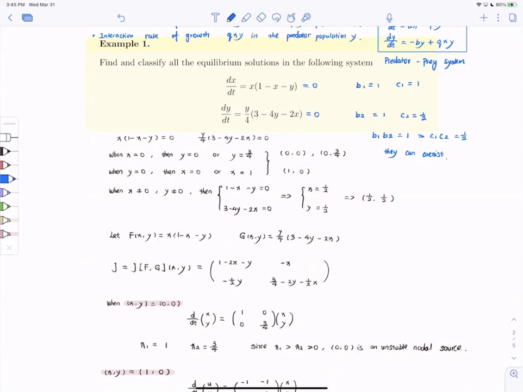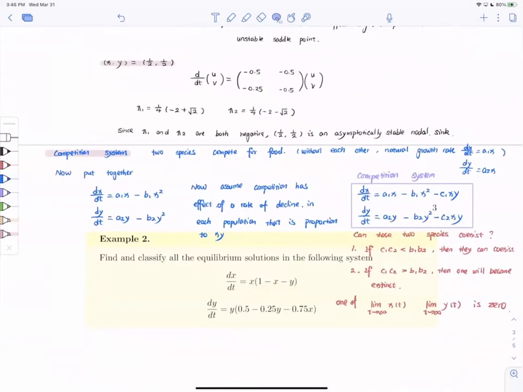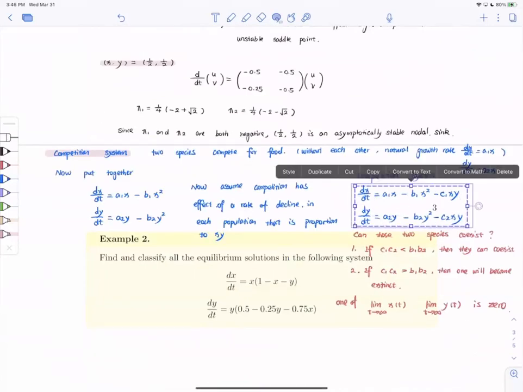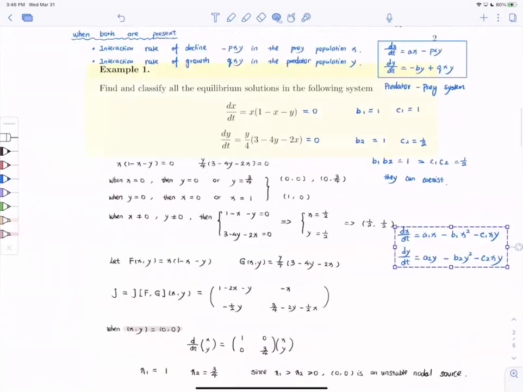How did I find the numbers? Sure. This is what you need to compare with. Let me put it here so you can compare.